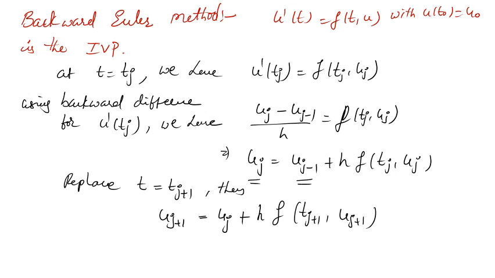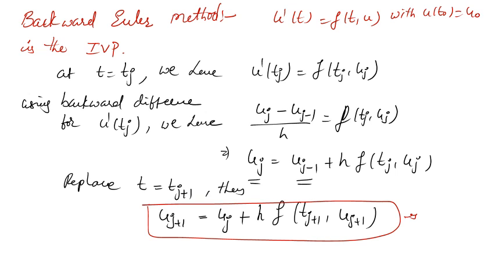Okay. This formula is called backward Euler method. Okay. This is one short method.